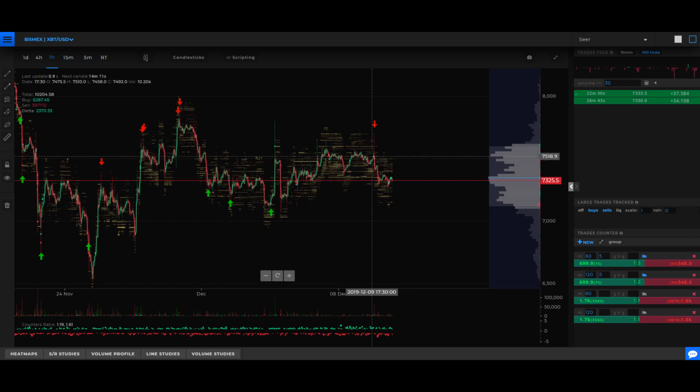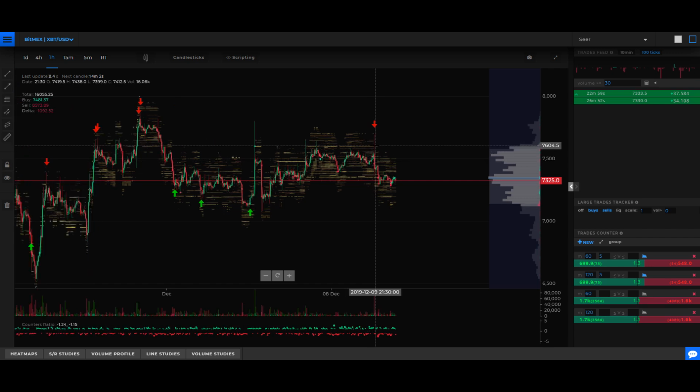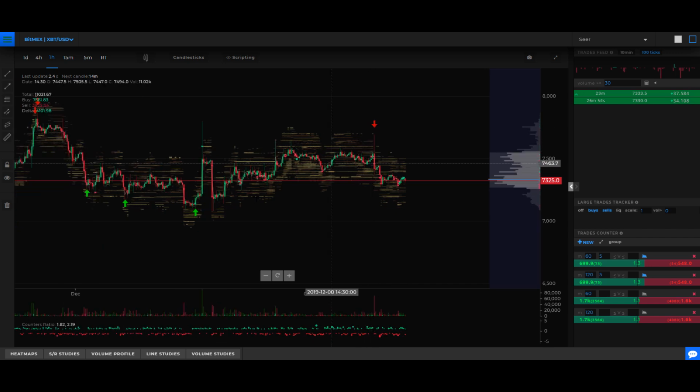If price is moving up, there is a larger amount of sell volume on this move up, and a larger amount of sell pressure, so it signifies this divergence.